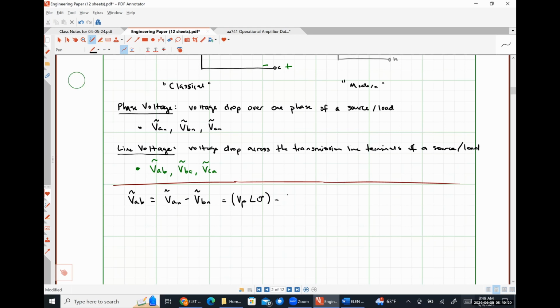And VBN is VP angle negative 120 degrees. I can figure out what that's going to be. That's going to be the square root of 3 VP with an angle of positive 30 degrees.